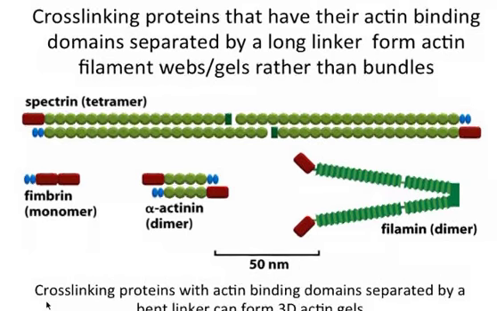Okay, so then there are cross-linking proteins that have the actin binding domains separated by a long linker. And they form these webs or gels rather than bundles, and you'll see how that looks. So the cross-linking protein forms a 3D structure.